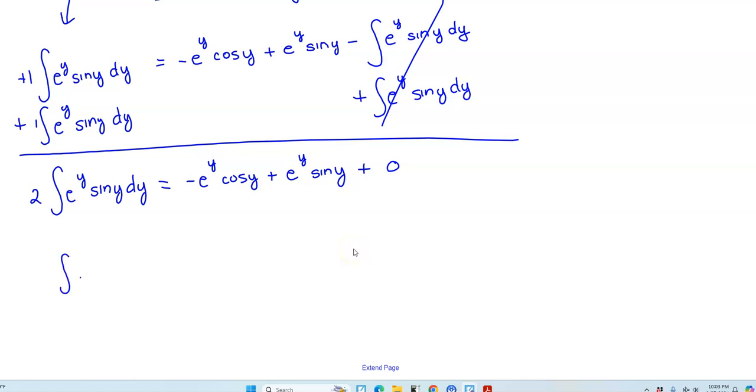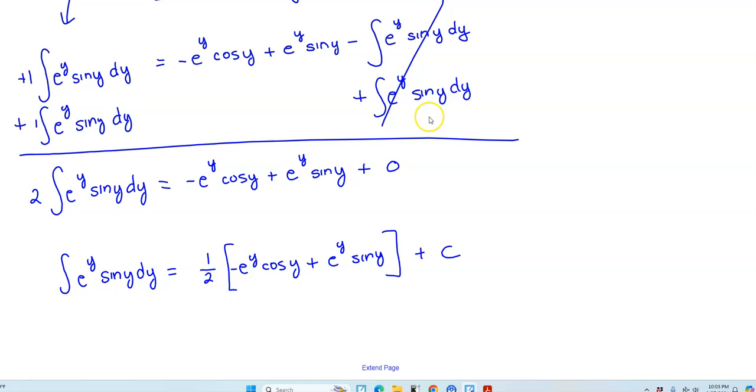So if we divide both sides by 2, we get 1/2 times negative e to the y cosine of y plus e to the y times the sine of y plus c.